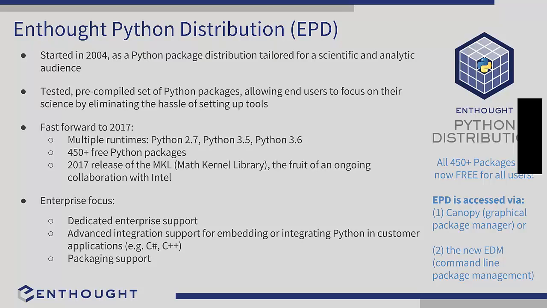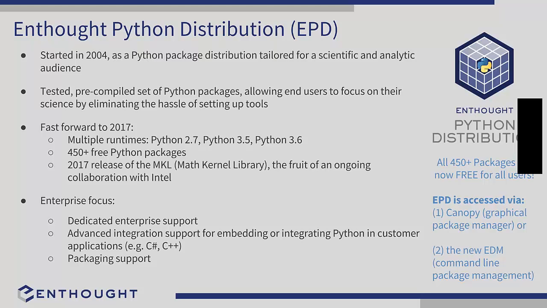Some of them require specific compilers, some work on some platforms, some don't, and so you really have to fight to get a consistent set of packages. That's what Enthought wanted to solve in 2004, so that our consulting groups and our customers could benefit from that.